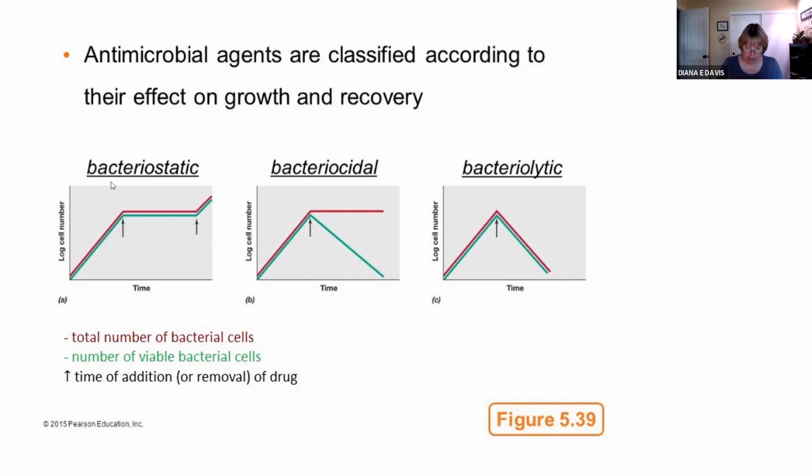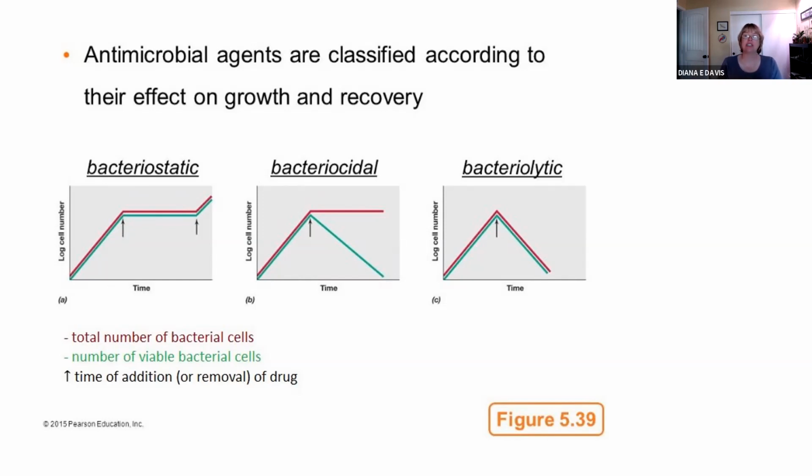A bacteriostatic agent stops bacterial growth. If we look at cells being grown in the lab, we can see that the cell population goes up, it gets treated with that bacteriostatic, the population stays the same, the bacteria are still alive.